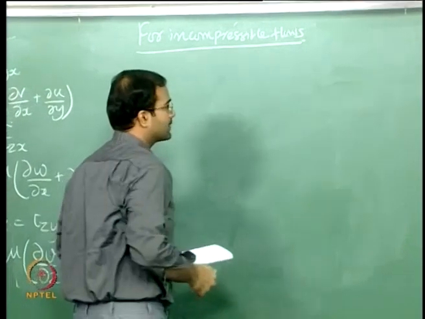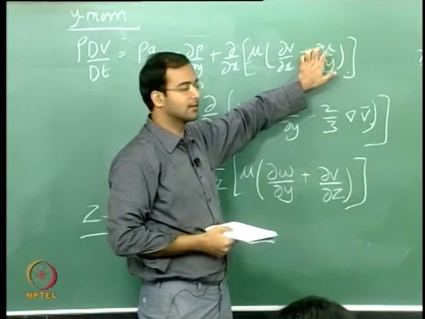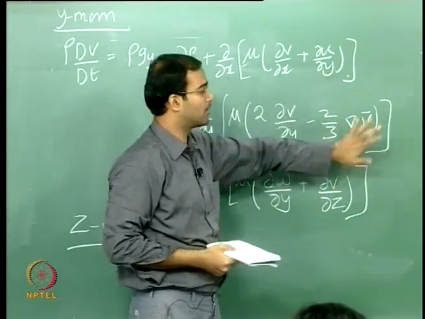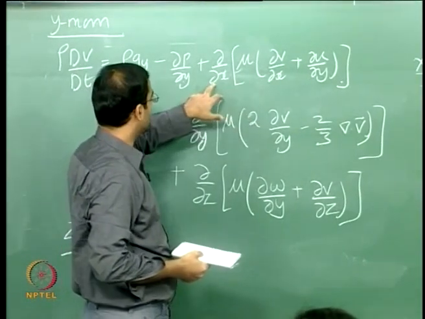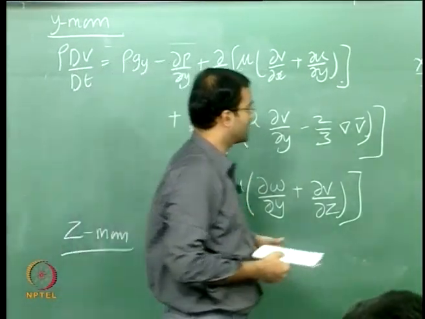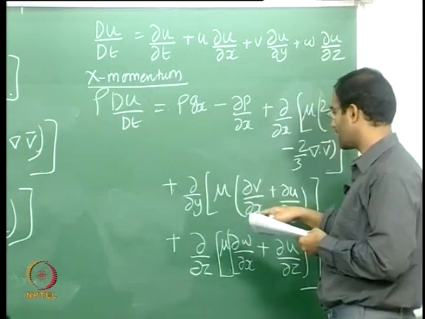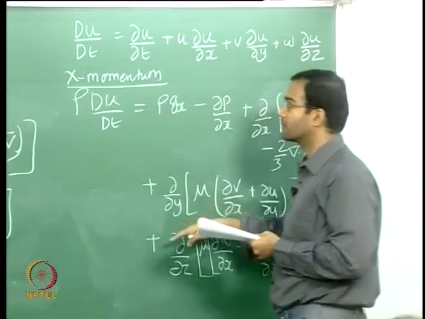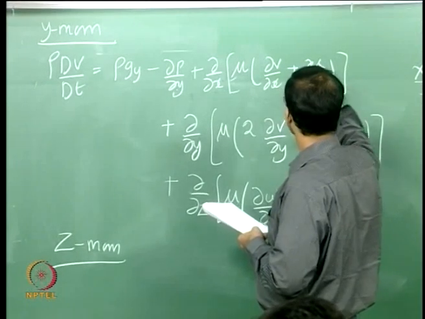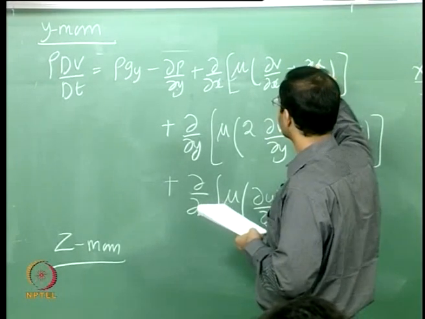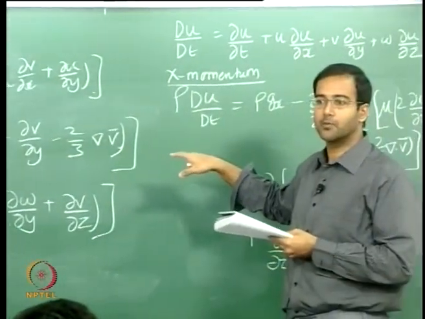especially the divergence term should drop out because it satisfies the incompressible continuity equation, right? So you have your divergence term which drops out from all these equations, and you can also group the terms in such a manner. So here, for example, if you look at these terms right here, you can write this as d by dx of dv by dy, plus you have d by dx of du by dx, plus you will have similarly d by dx of dw by dz.